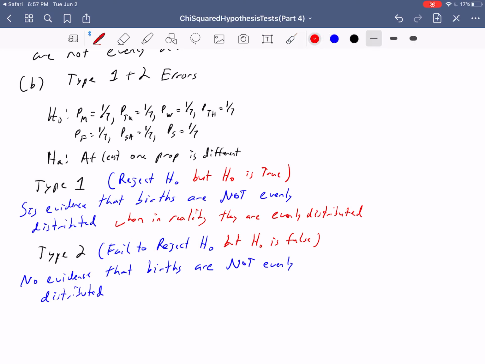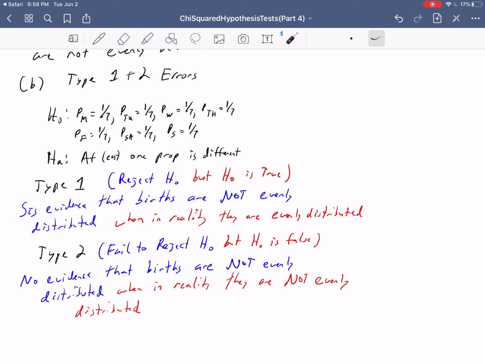Well, what does it mean for H0 to be false? That means this really is wrong, and it is not evenly distributed. When in reality, they are not evenly distributed. So what are the real life consequences here? Well, this is where we say we don't see anything going on.